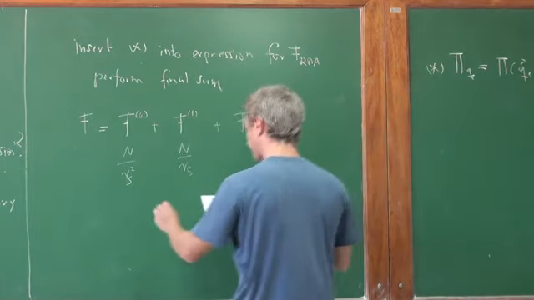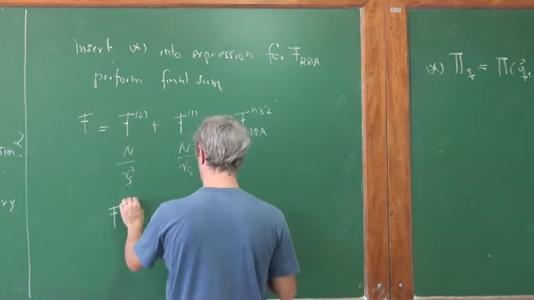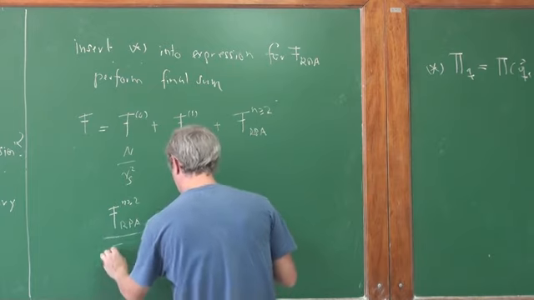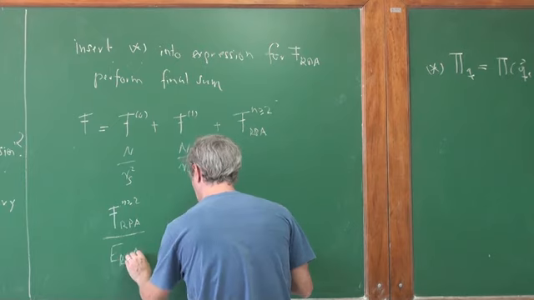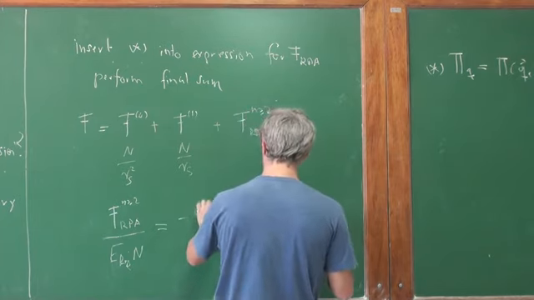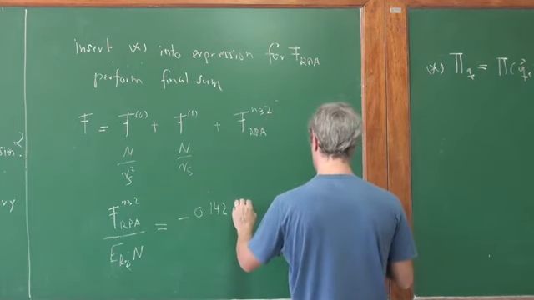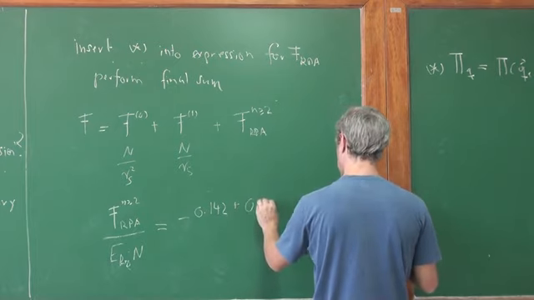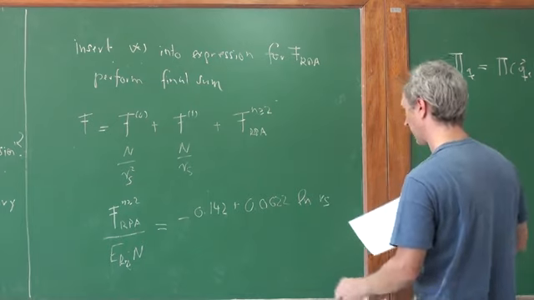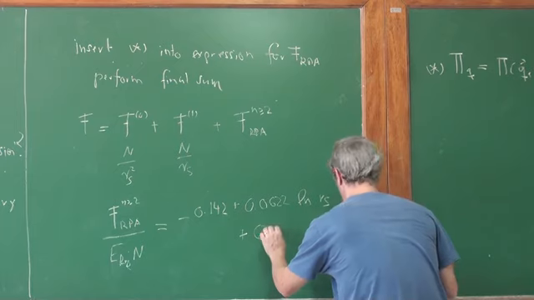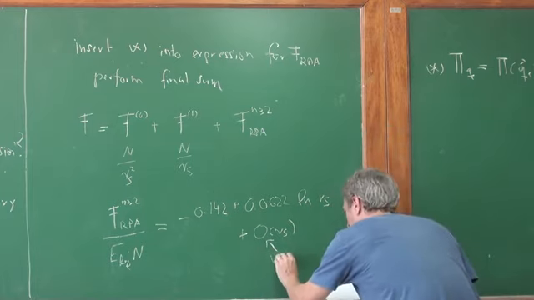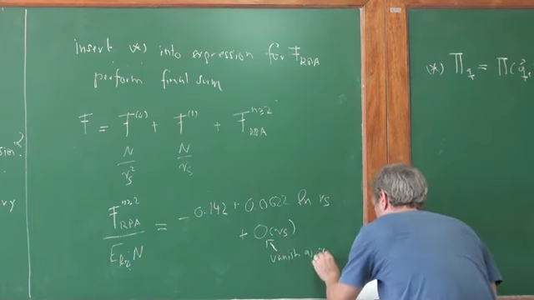And if you do this, what one can show, again not easy, is that this, measured in energies of the Rydberg energy and divided by the number of particles, is minus the number for 2 plus 0.0622 times the log of Rs, plus orders in Rs which vanish as Rs goes to 0, so vanish in the high density limit.